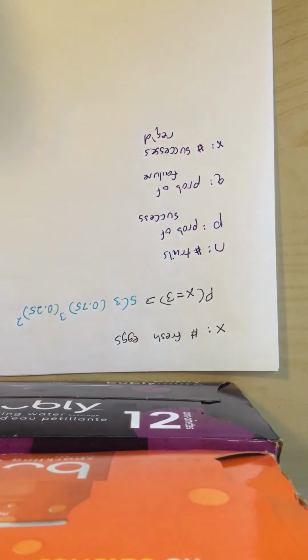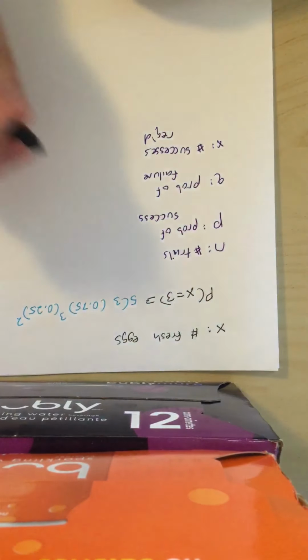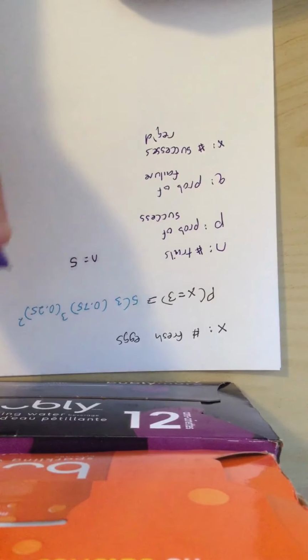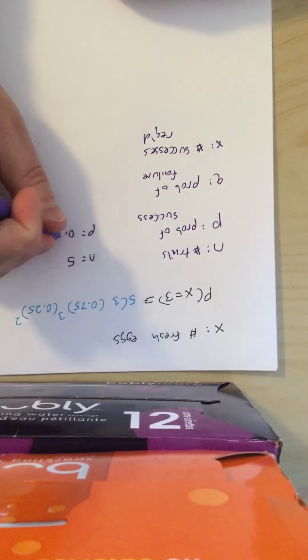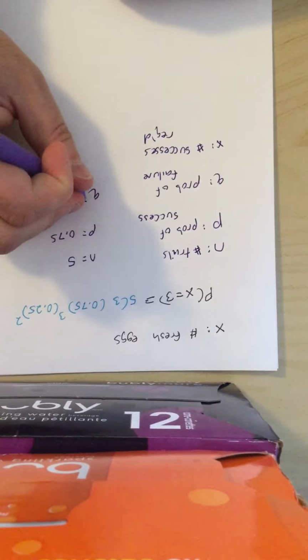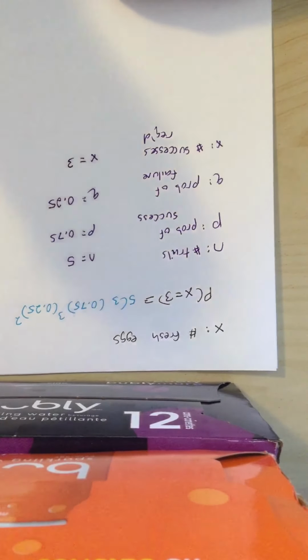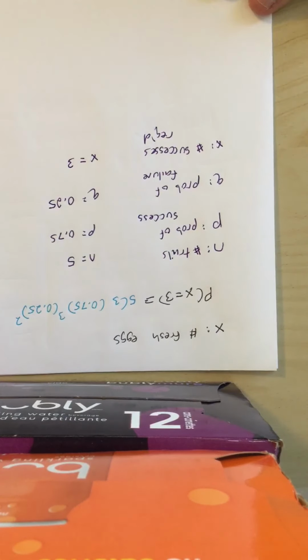So let's figure it out. In this particular problem, the number of trials was 5, and the probability of success was 0.75. The probability of failure was 0.25, and the number of successes required was 3.